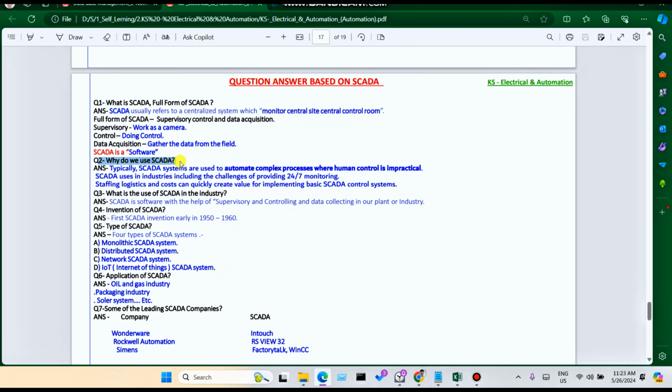Why do we use SCADA? Typically SCADA systems are used to automate complex processes where human control is impractical.